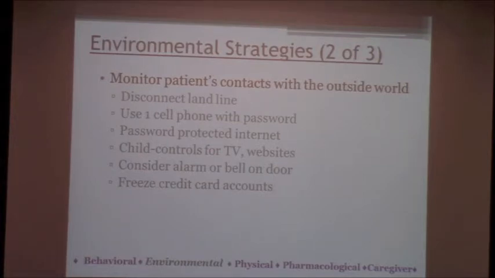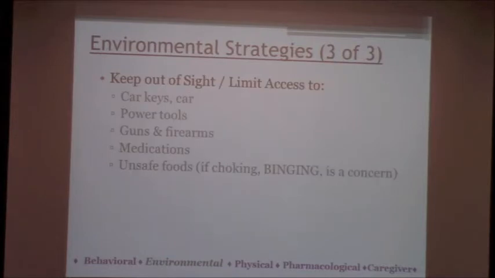And we can talk more about this later, but we can't emphasize enough the concern that we have for family members around finances and their ability to manage things. So we can talk about how to actually work through that.